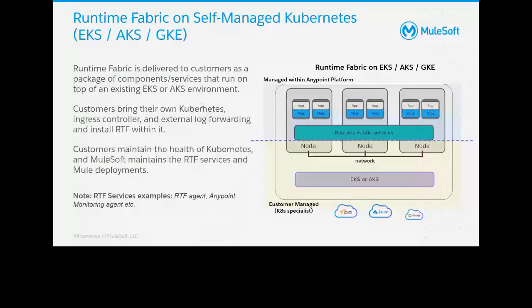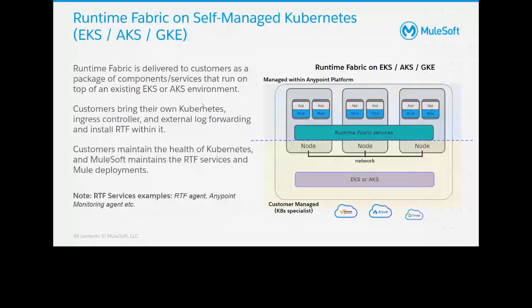The next offering that we provide is Runtime Fabric on self-managed Kubernetes, and this is what we'll be focusing on today. This is a version of Runtime Fabric which you install on your own Kubernetes environment. So as a customer, you can bring your existing AKS, EKS, or GKE.